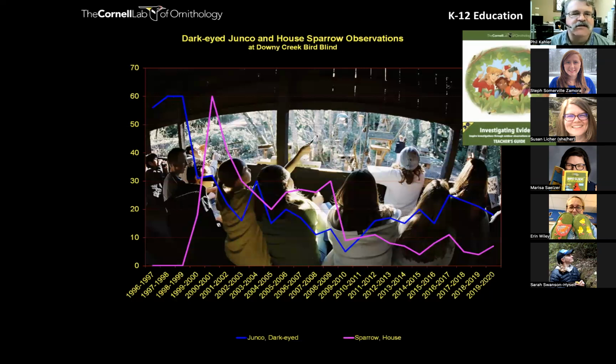And early on, my students noticed that we had a lot of dark-eyed juncos there in the blue line at the beginning. And a couple of years into it, around 1999, 2000, all of a sudden, the population dipped, and we started getting house sparrows, which we had never seen in the previous 3 or 4 years.